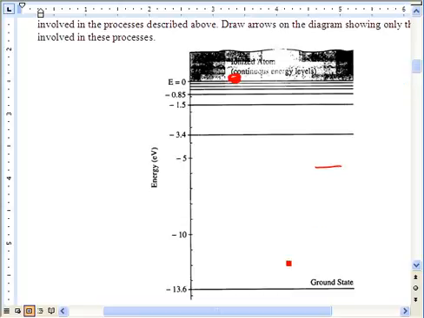That means we must have gotten to the ground state over here, having dropped 10.2 electron volts. So it must have been 10.2 electron volts above the ground state, which means it was over here at negative 3.4 electron volts. Which means the first drop must have been over here. What was the energy? 3.4 eV. See you in a little bit.